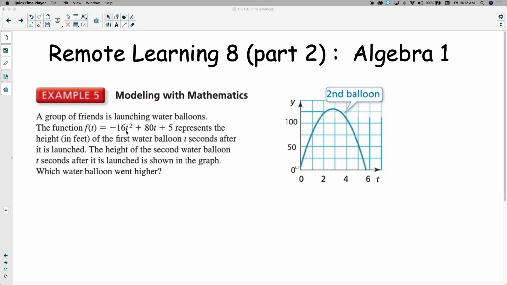So t is the number of seconds the water balloon has been in the air, and f of t is the height.